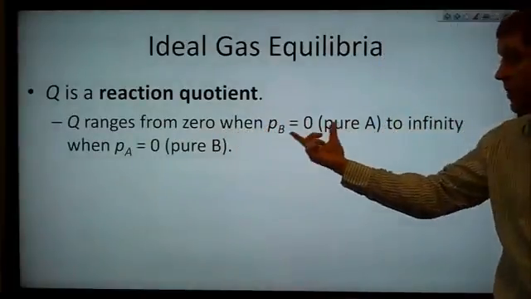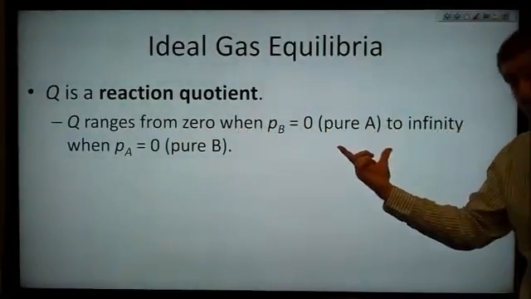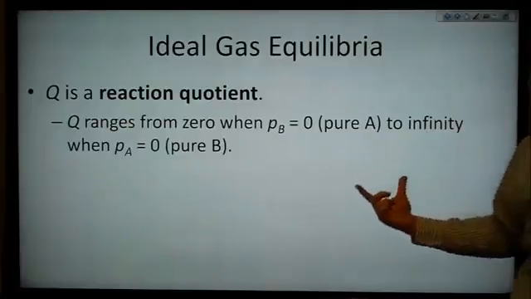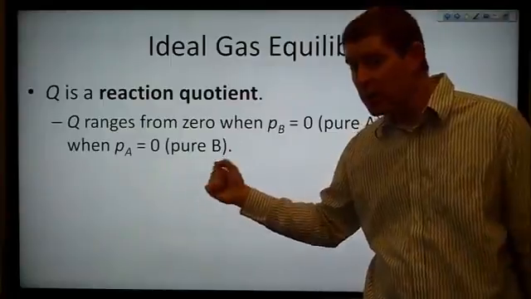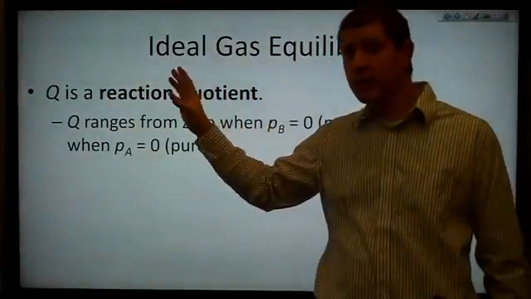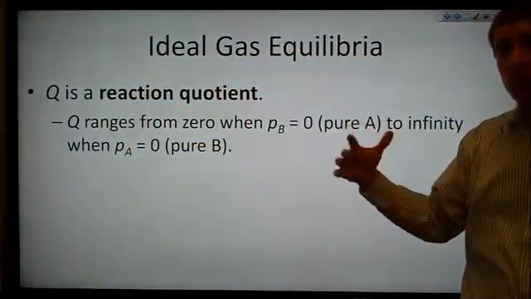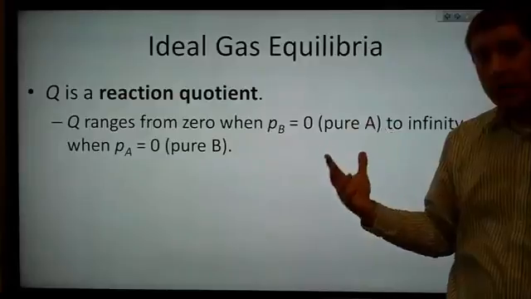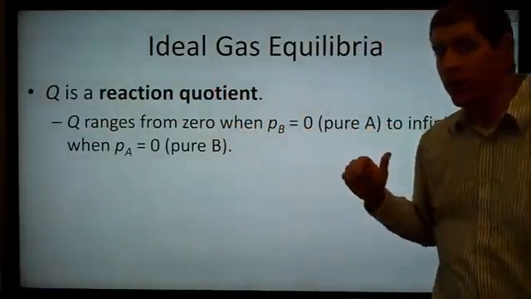It ranges from 0 when the pressure of B is 0, which is pure A, to infinity when the pressure of A is 0, and thus we have pure B. You've probably seen, or I hope you remember seeing, Q before as the reaction quotient when discussing things like equilibria. It's the same Q here in this case.